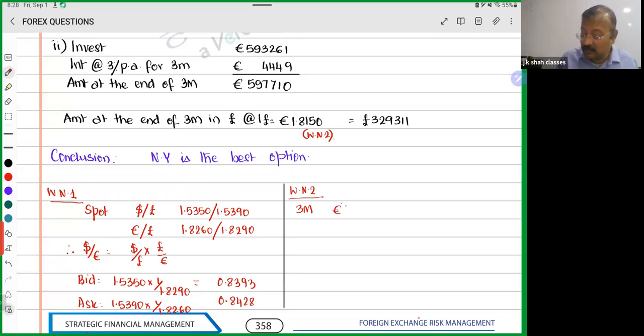Spot euro pound is 1.8260, 1.8290. 3-month swap is 145, 140.